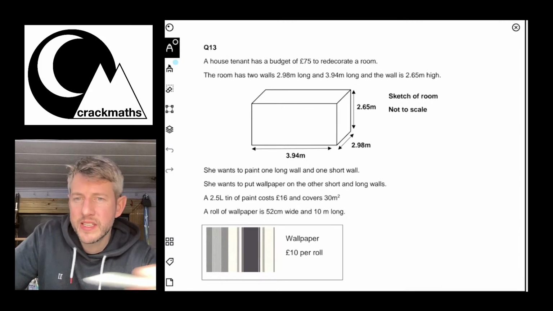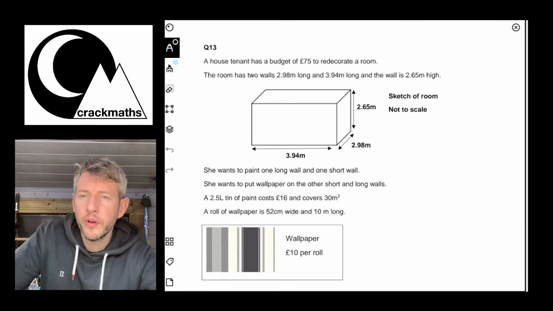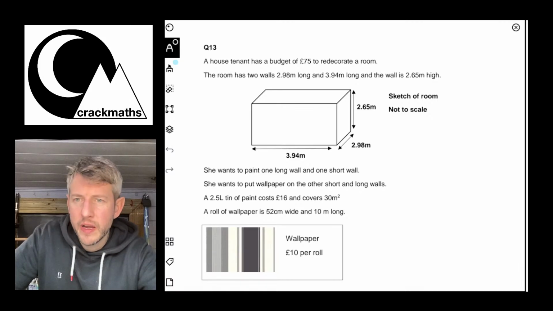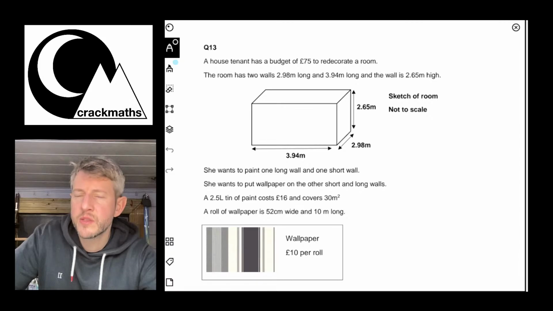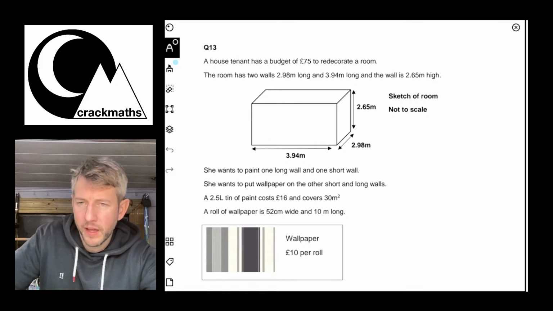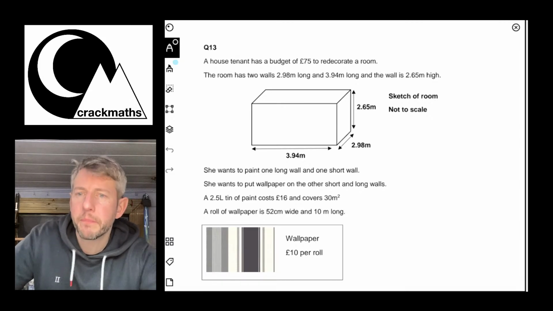So this is the model of the bedroom. She wants to paint 1 long wall and 1 short wall. Okay, fine, she's only painting 2 walls. She wants to put wallpaper on the other short and long walls. So she's wallpapering 2 walls. So we've got 4 walls, 2 are being wallpapered, 2 are being painted.